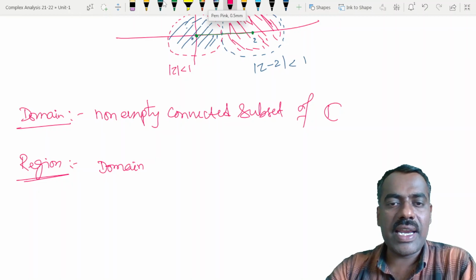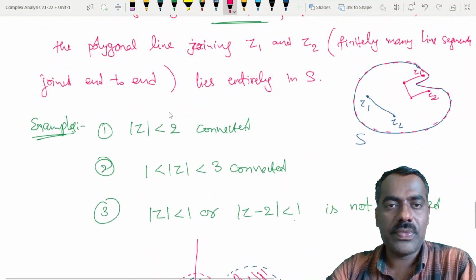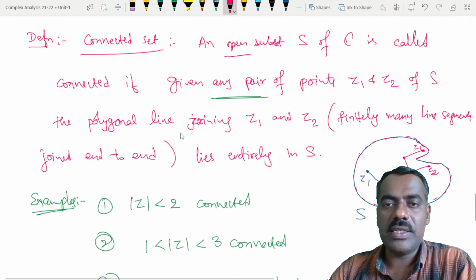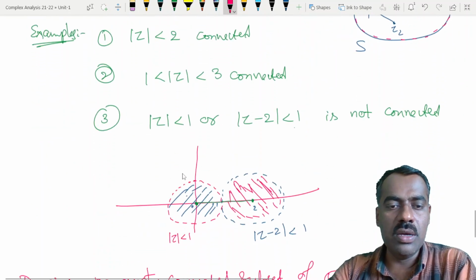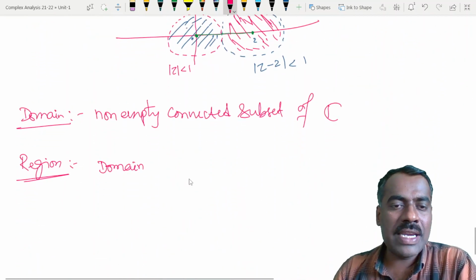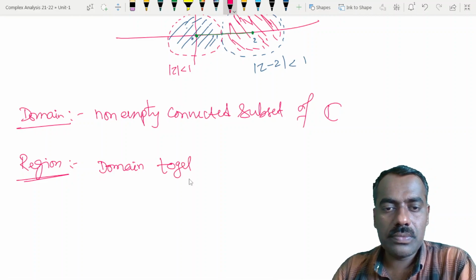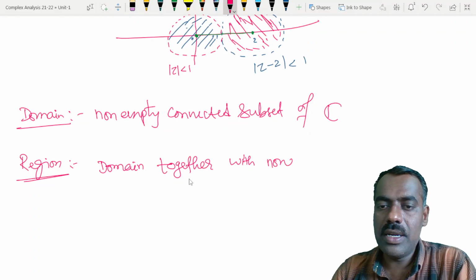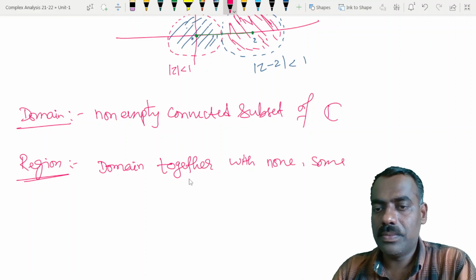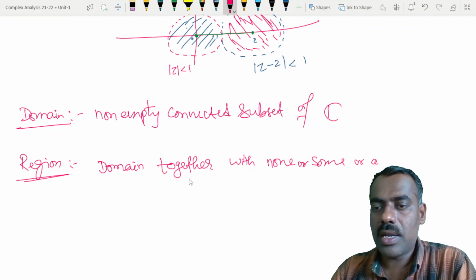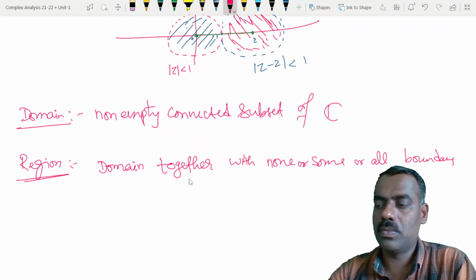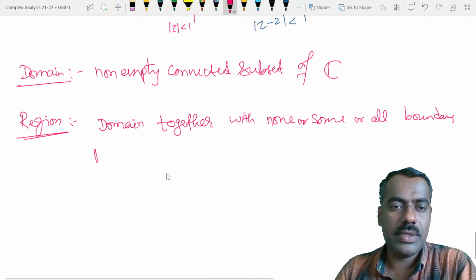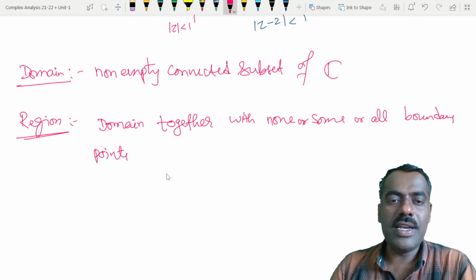Remember, connected here means it should be an open set. So a domain together with none or some or all boundary points is called a region.